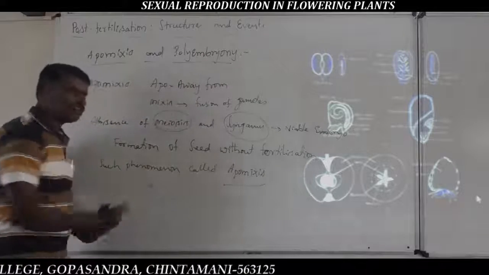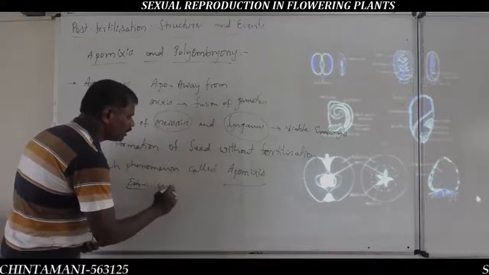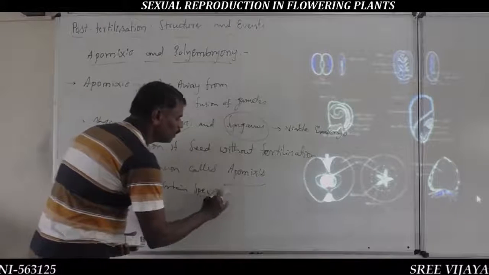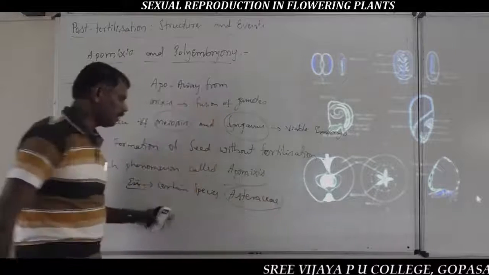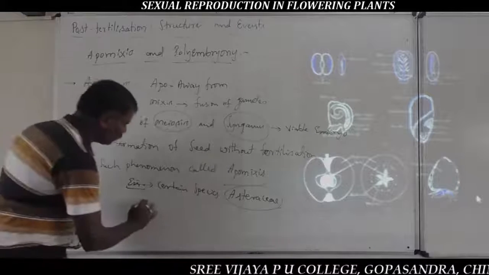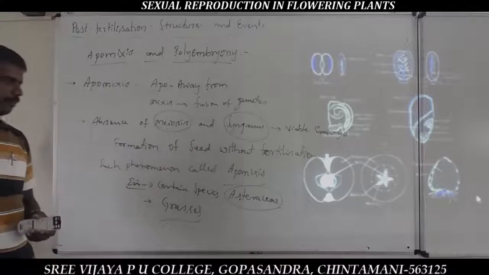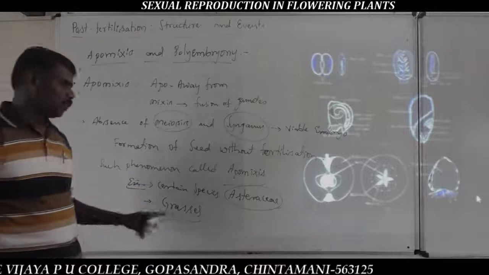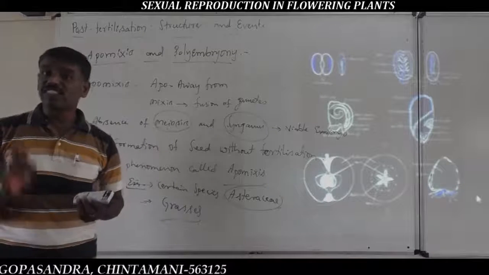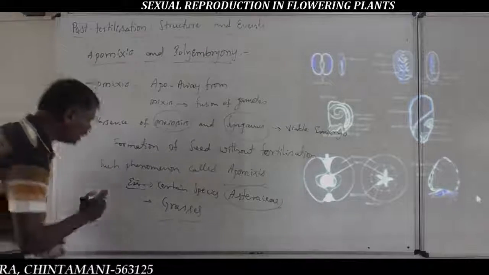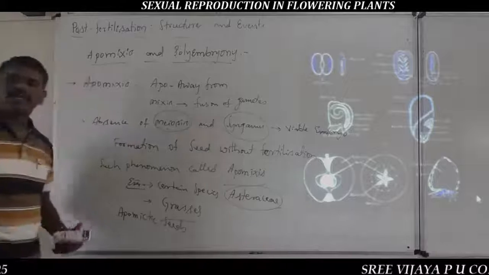Apomixis is present in certain species, for example certain species of the Asteraceae family, and most of the grasses, the grass family Poaceae. In both, the seeds which are formed without fertilization are called apomictic seeds.